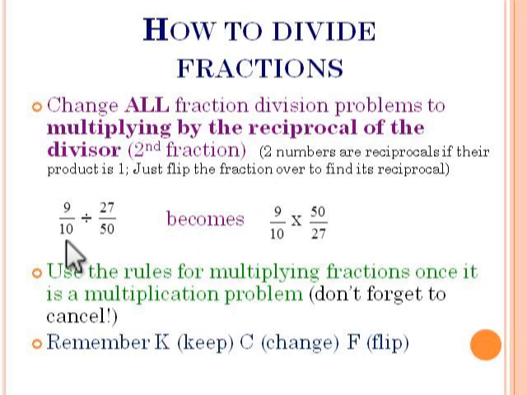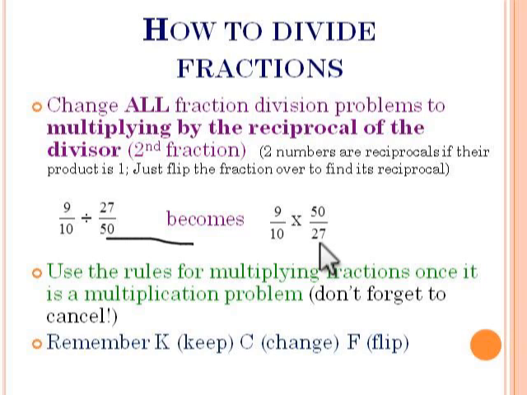If we had 9/10 divided by 27/50, we're going to keep that first fraction, change our sign, and multiply by the reciprocal. That means we're going to take the 27/50 and flip it over.